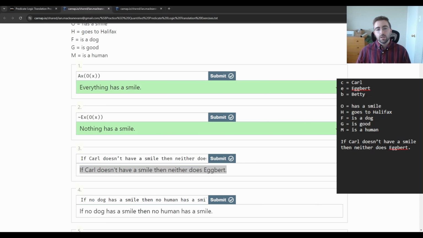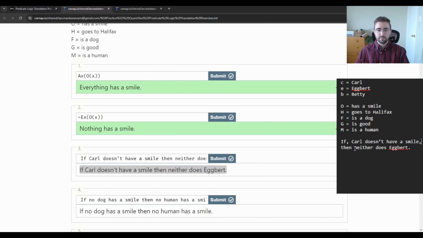So, well, let's look at stylistic variations. We have if Carl doesn't have a smile, then neither does Egbert. The main connective here is if-then, it doesn't need to be translated at all. But we have this "doesn't" and this "neither." And those are clearly stylistic variations of the negation symbol, right? Of "not." So let's do those nicely.